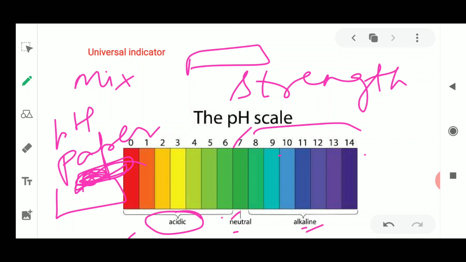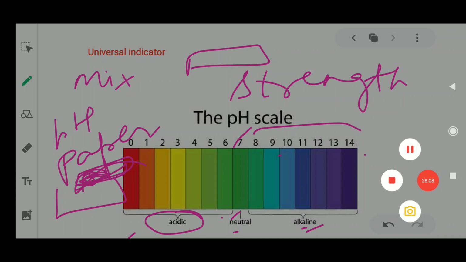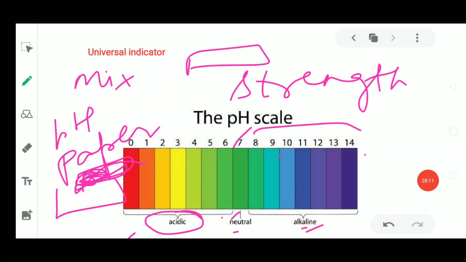So please remember about the strength of this pH value; the pH is used as a universal indicator. This is going to tell you about the strength of the given substance. Fine, I would just show you the picture of the universal indicator in the next slide.